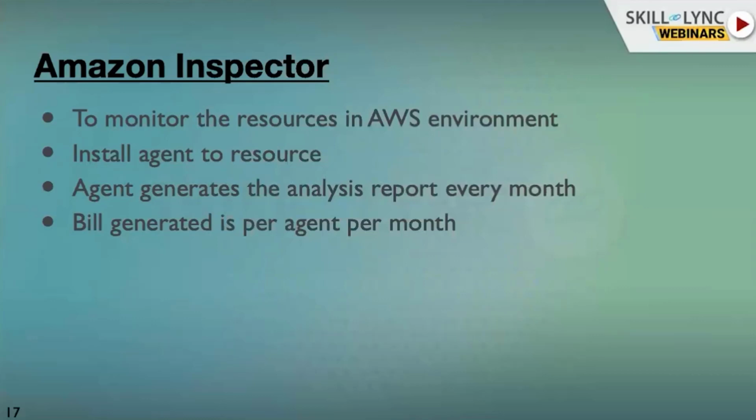And coming to the charges, every agent will be charged per month. Say in our case, we are using 3 agents, so we will be charged for 3 agents for that particular month.